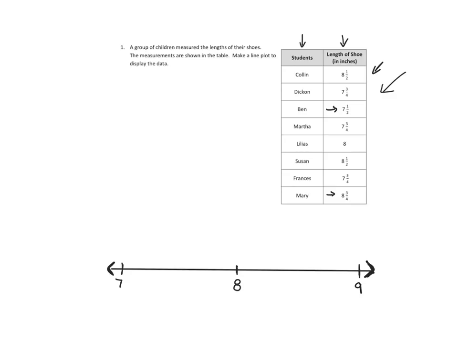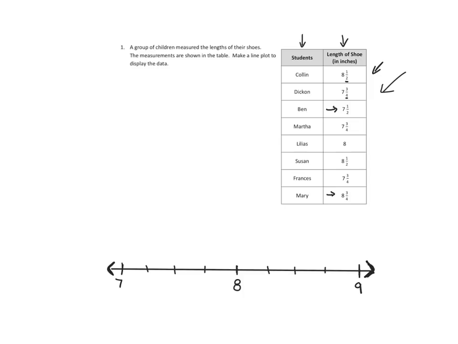And so next I need to figure out how I'm going to partition my number line. So I look at the fractions of these mixed numbers and I see I have halves and I have fourths. So I know I can make halves out of fourths, so I'm going to partition this number line into fourths so that every single data point will have a specific place on the number line here.